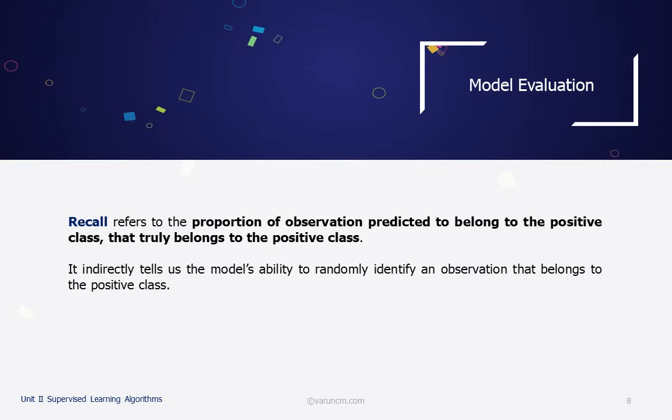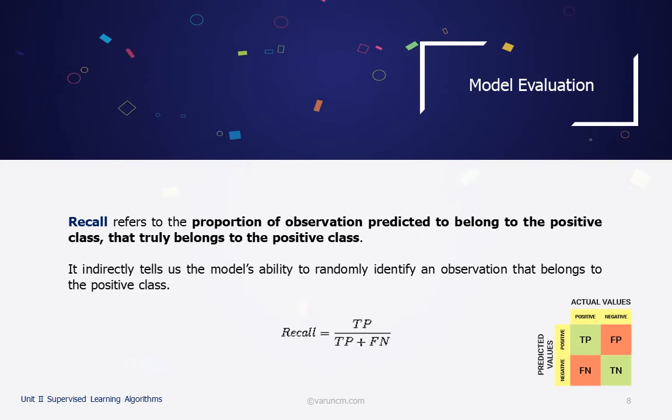So the higher the recall, the more positive samples will be detected. This works based on this particular formula: recall is equal to TP divided by TP plus FN. This is the difference between the precision and the recall formula.